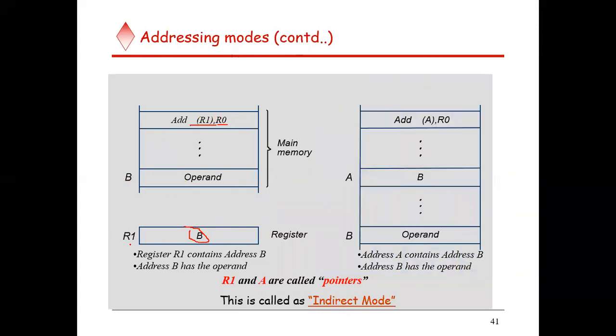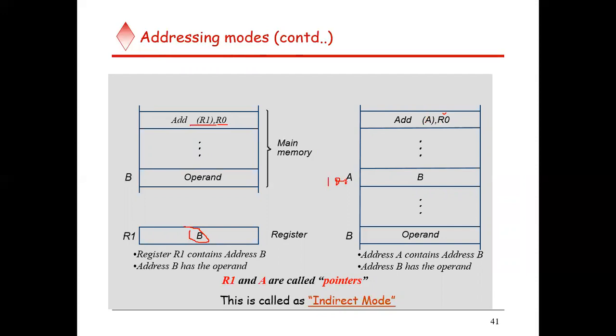In a similar way, this was with respect to a register; similarly we have it with respect to an address. Look at this example: ADD (A), R0. The R0 data you get directly. This A represents another address. Assume that A is 1000.